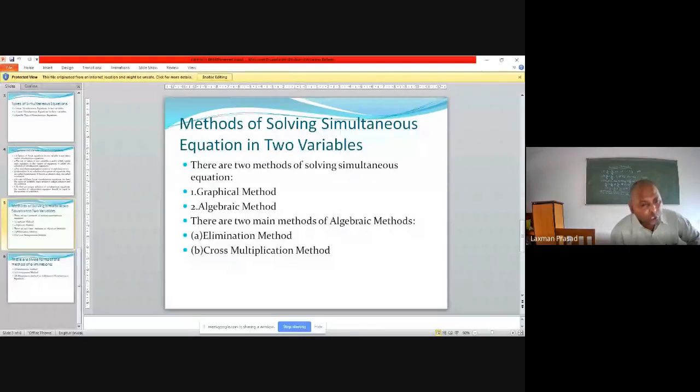Fine. Cross multiplication method. Cross multiply. If in equation there is a 2x and in equation there is a 3x, so cross multiply. Equation 1 multiply by 3, equation 2 multiply by 2. So while you are cross multiplying, the value of x or y will be same, and then you cut the value.